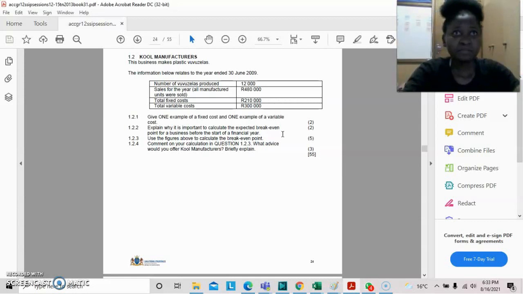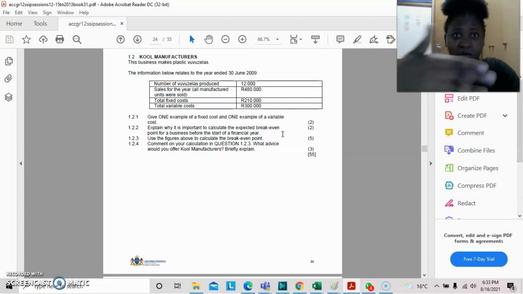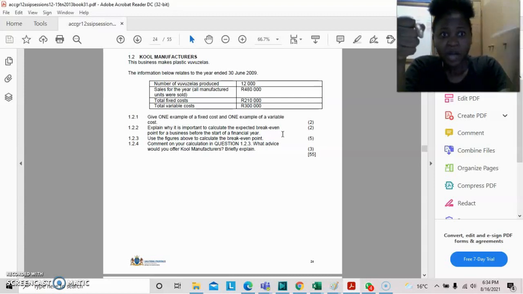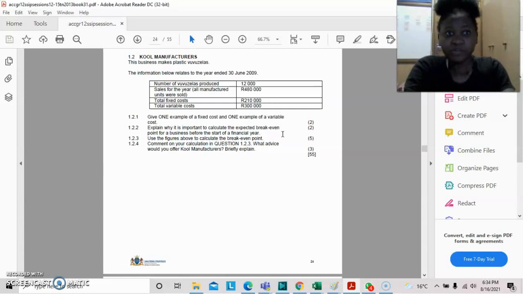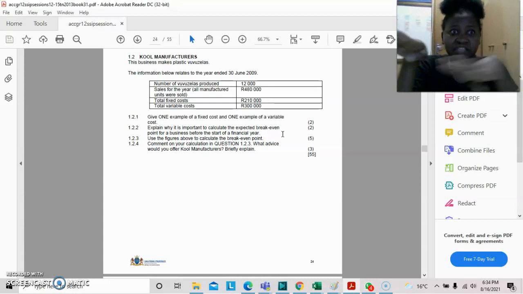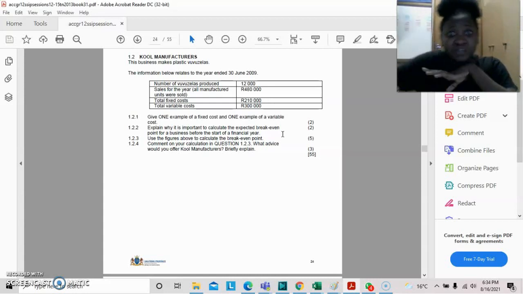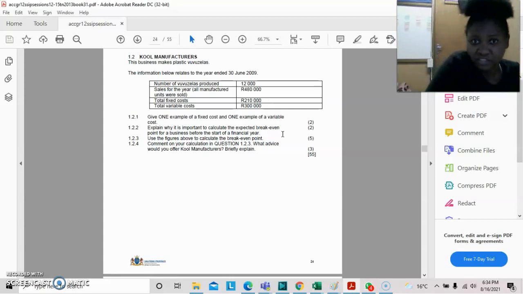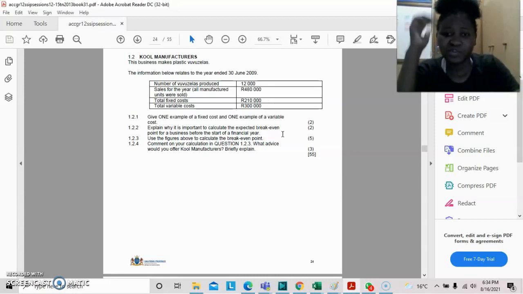So if I'm making muffins in the house, it means the cost for me to make the muffins versus how much I'm going to sell the muffins. How many muffins am I going to be able to sell before I know that now I've covered my transport, the flour, the eggs, the electricity? You get it? Then I know that after that, now I can start relaxing. Now I'm making profit. Yeah. So you will have to explain it according to your own words.